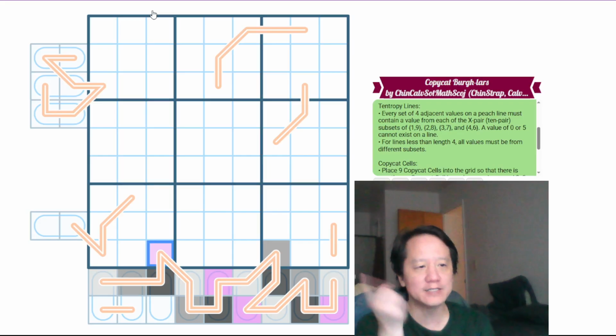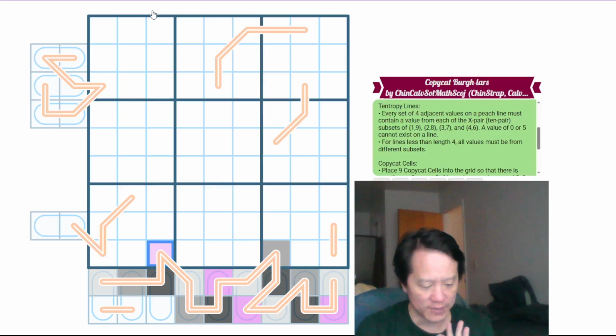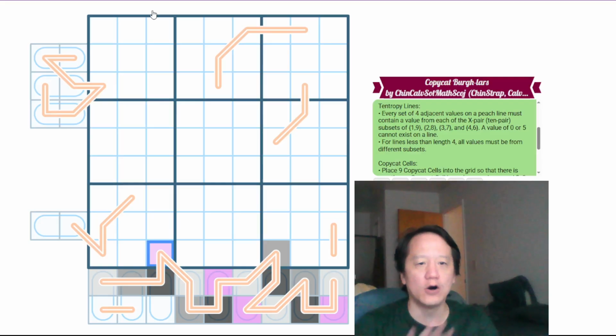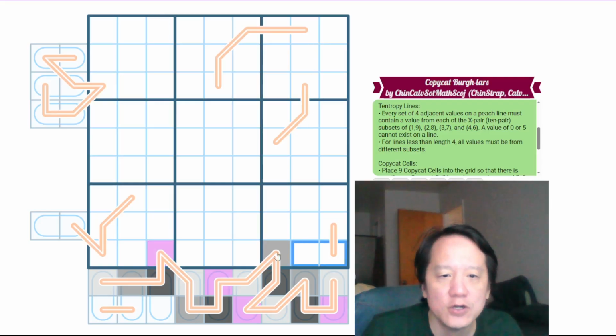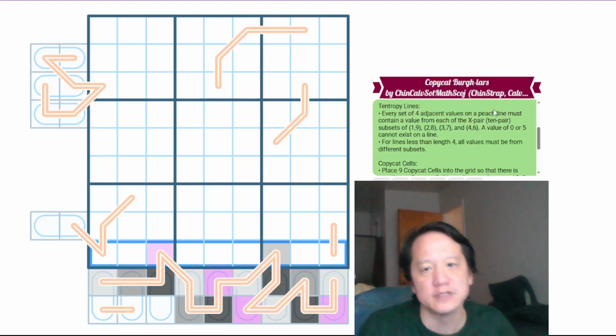So the 9 has to be copycatted to some other value. We don't know which. That means 8, 7, 6, 5, 4, 3, and 2, 4, 3, 2, 1 all have to be values for these periodic sums.